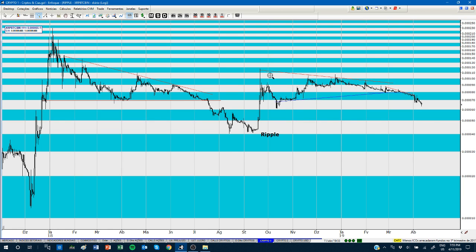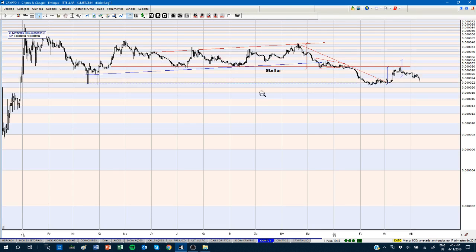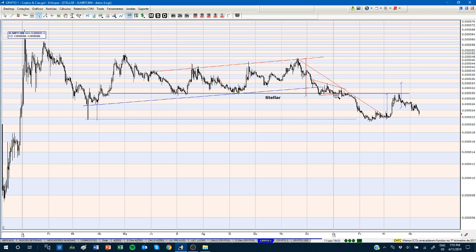Well, Ripple is worse and worse. It's probably coming down to test this 6,000 Satoshi level here. Stellar, no good. Now Stellar broke the important support level, then pulled back, and it's coming down again.